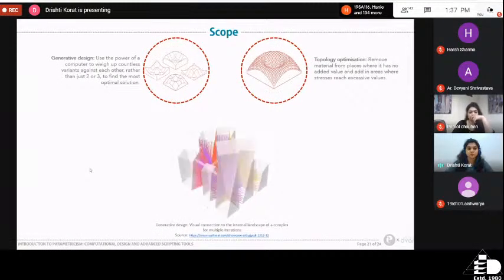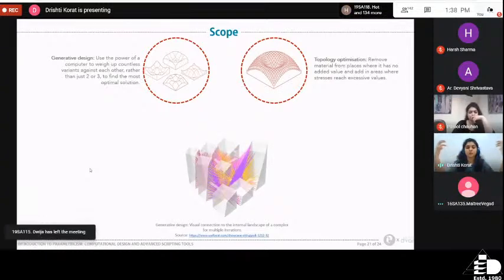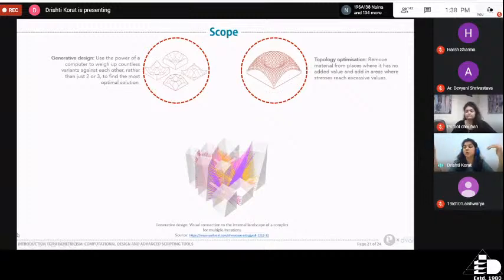Further, we of course talked about generative design. So, go beyond these 3, 4, 5, 10 forms. And here you can see an example where visual connections from the building complex are calculated towards the central space, which is basically a landscaped area. It is evaluating which offices in this complex would be able to see the garden in the center, or the common open space in the center, because that's also an important driver of design.